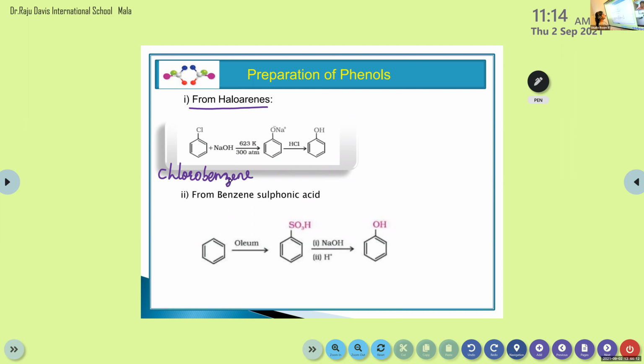So this chlorobenzene is treated with sodium hydroxide, NaOH, at 623 Kelvin temperature and 300 atm pressure. And here you can see instead of chlorine, O minus Na plus is substituted, right? This one is known as sodium phenoxide ion.